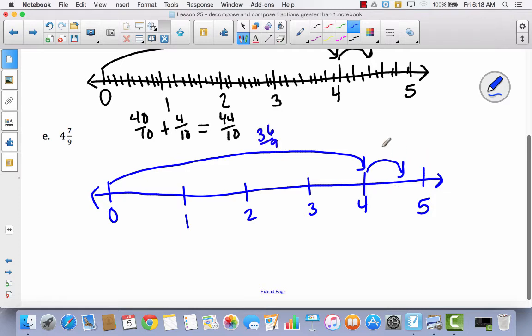And then you would have to add 7 more ninths. So that's going to make my number sentence 4 7/9 equals 36/9 plus 7/9, and that would equal 43/9.